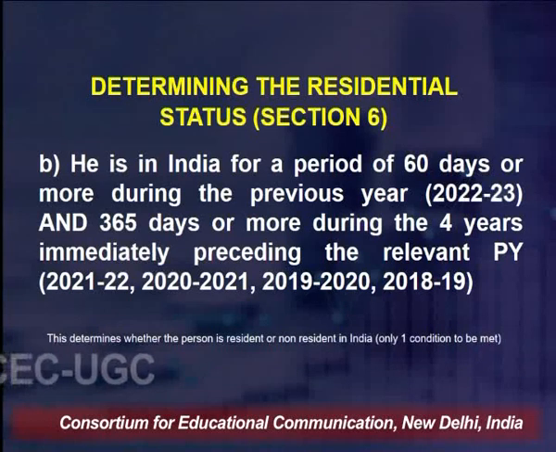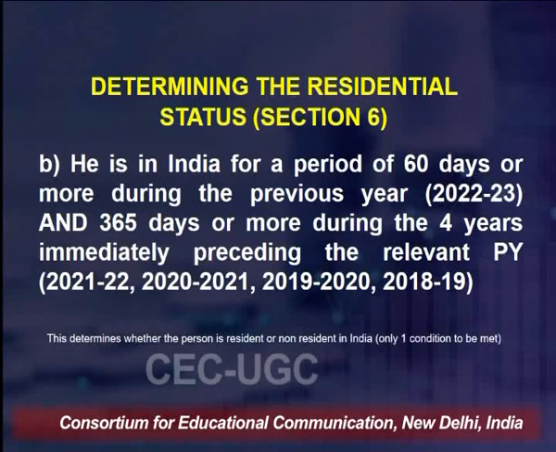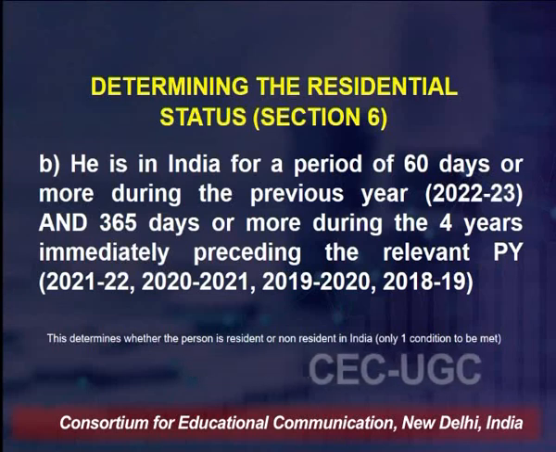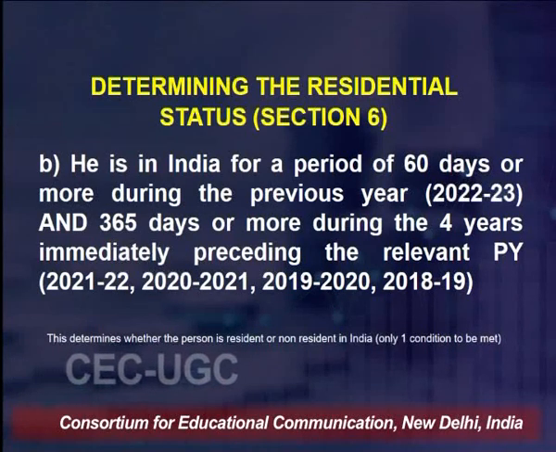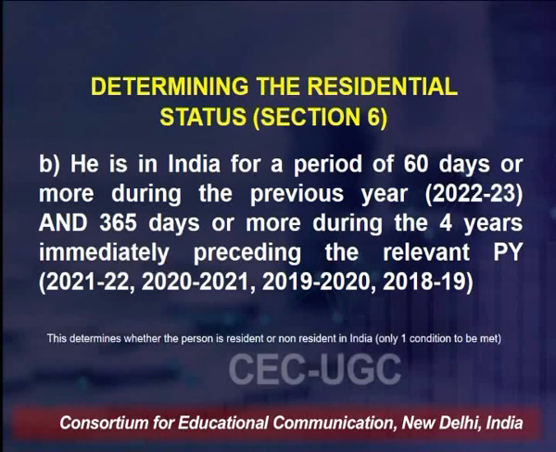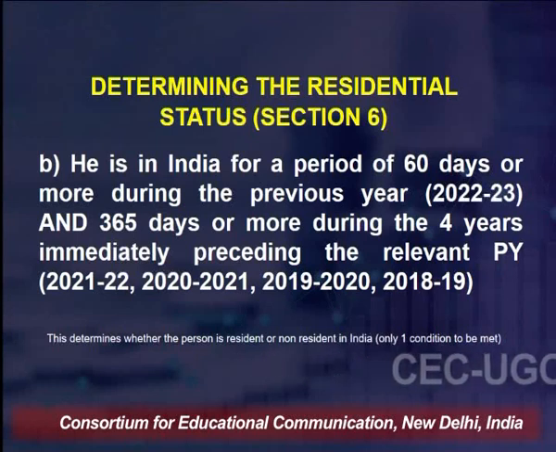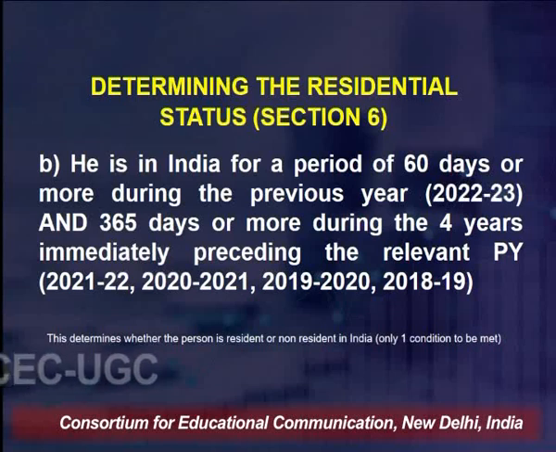In the relevant previous year he has to be in India for a period of 60 days, and additionally he is supposed to have stayed in India for a period of 365 days or more during the 4 years immediately preceding the relevant previous year.